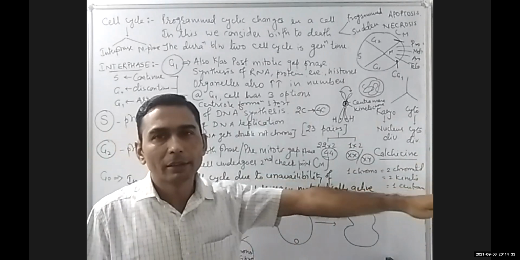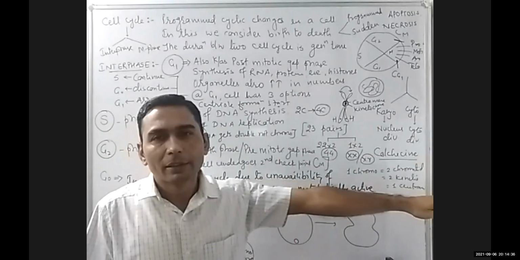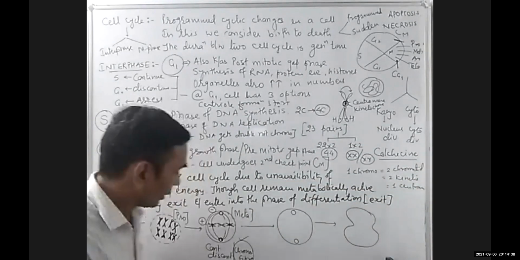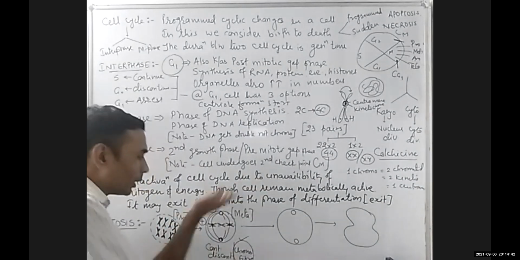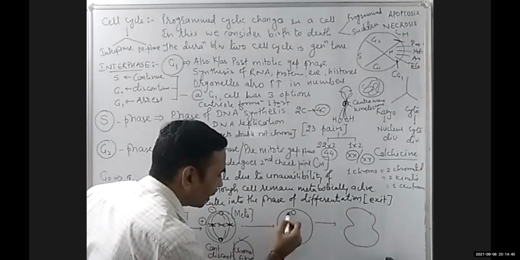Getting my point? It is not condensing at all. This fiber is not condensing. This is shortening and moving towards the negative pole, and it becomes like this.